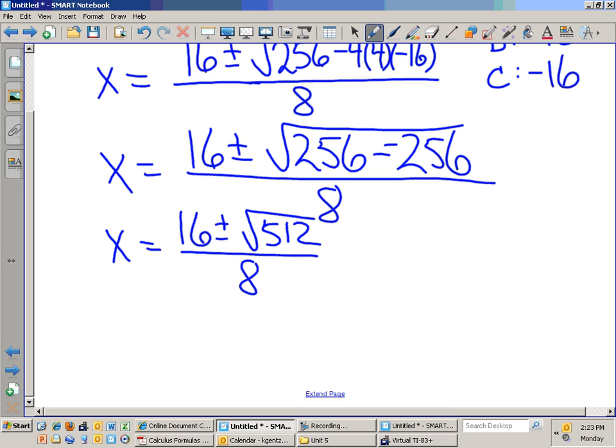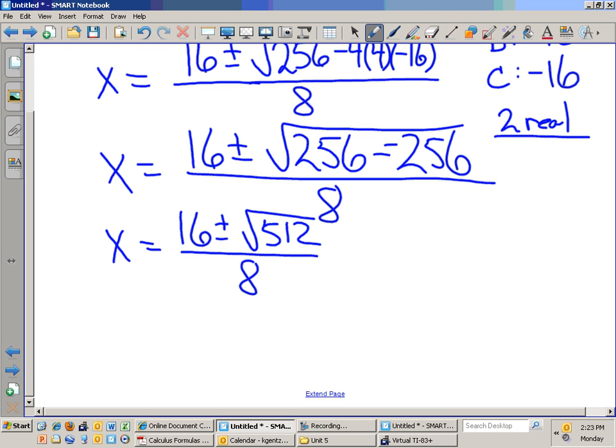What types of solutions do we have? 2 real. Because we have a positive underneath the square root, we know we have 2 real solutions. What is the perfect square I could take out of 512? 256 a perfect square, isn't it?